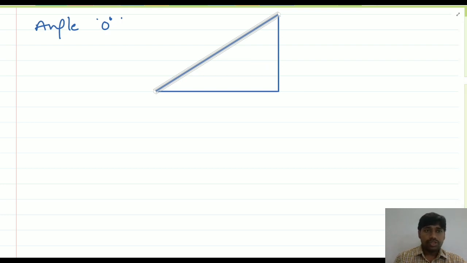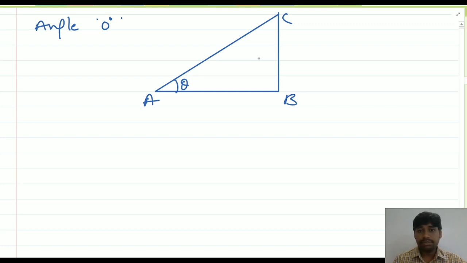Now the angle which is formed at A is theta. If I imagine I decrease the angle, the height is reduced. So if I decrease the angle, what happens? This height gets reduced. Still if I decrease, I am making it 0.